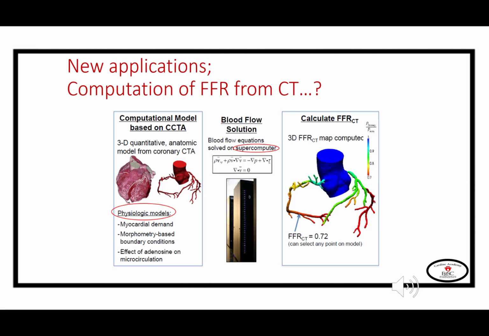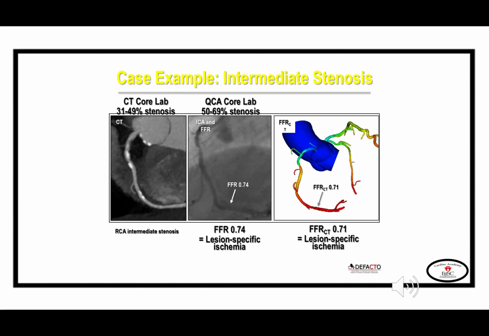We can use these to calculate the FFR from CT images and create CT maps in which we can detect which stenoses are actually causing myocardial ischemia. This is an example of one patient having intermediate stenosis in the right coronary artery, and the invasive FFR correlates well with the FFR generated from the CT images.